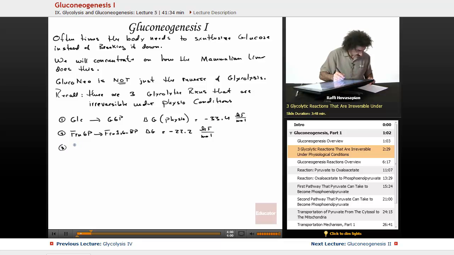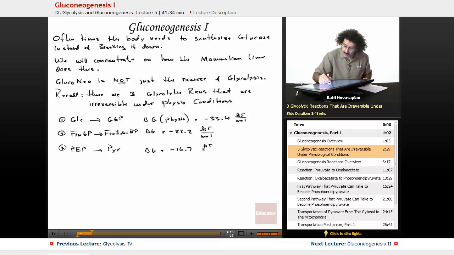And the last is the phosphoenolpyruvate to pyruvate. That's the final reaction in the glycolytic sequence. And this one carries a delta G, under physio conditions, of about minus 16, minus 17 kilojoules per mole. So all of them irreversible, so gluconeogenesis has to bypass these reactions. It can't just use these reactions.